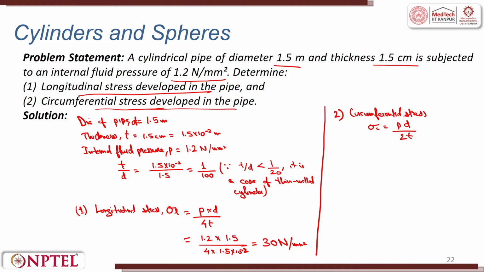Diameter by 2 is R, PR by T. So this is equal to 1.2 into 1.5 by 2 into 1.5 into 10 raised to power minus 2. This is 2 times the longitudinal stress here, which is equal to 60 newtons per millimeter square.